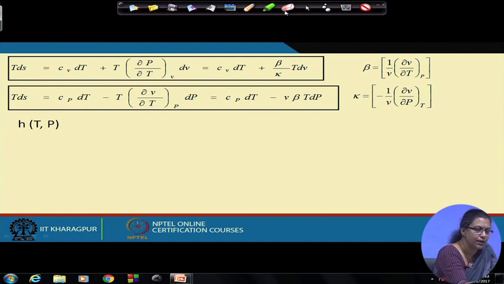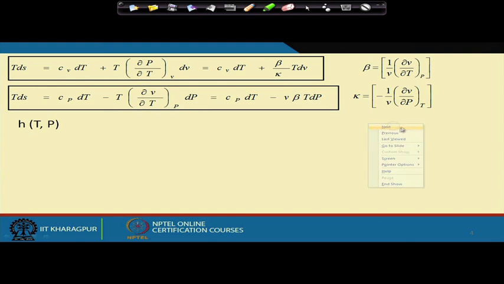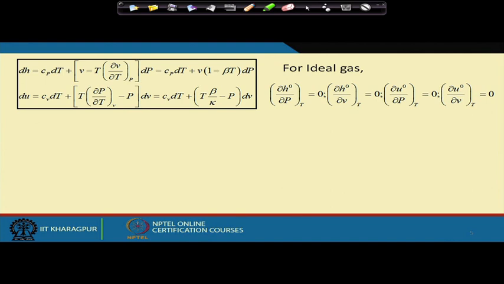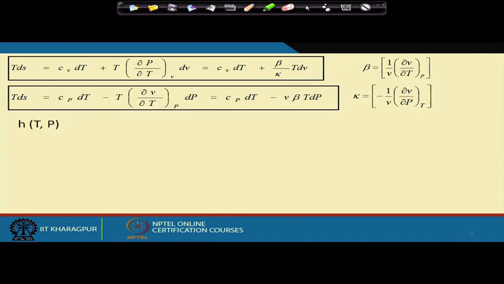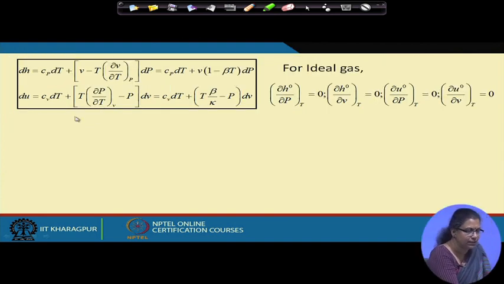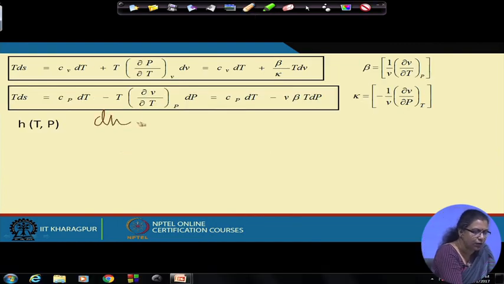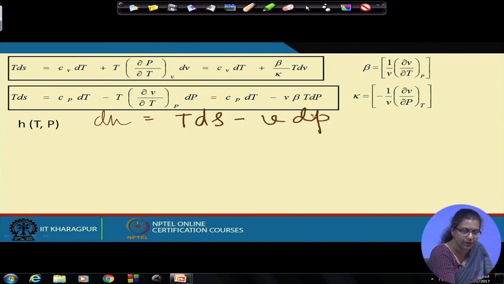In the same way, if I would like to derive the equation for H in terms of T and P, what do we get? Again I would like to remember that dH equals, from the TdS equation, TdS plus Vdp.